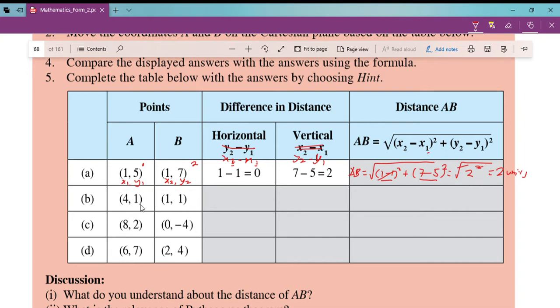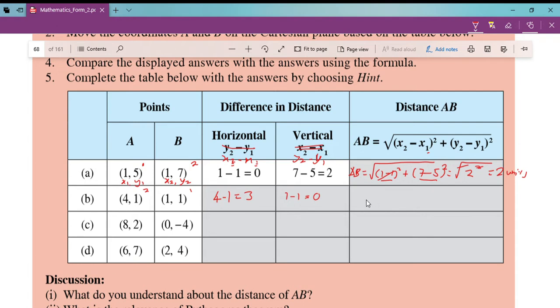Okay, for case B, in this case I would like to choose this one as point 2 and this one as point 1. Please remember that. To calculate the horizontal distance, you always use the larger value minus the smaller value. So for x, 4 minus 1, you get 3. Next, for the vertical distance, 1 minus 1 is 0.